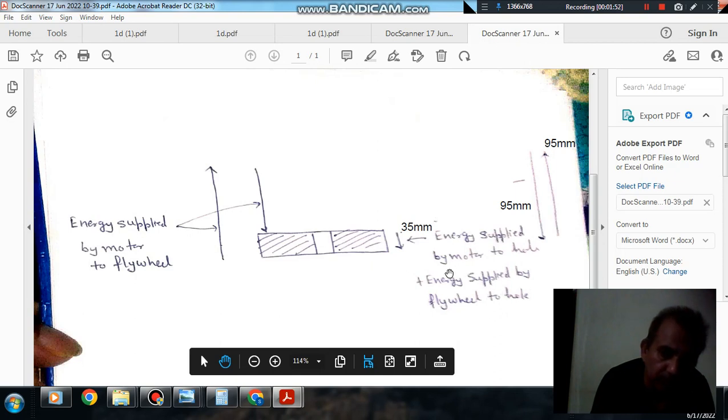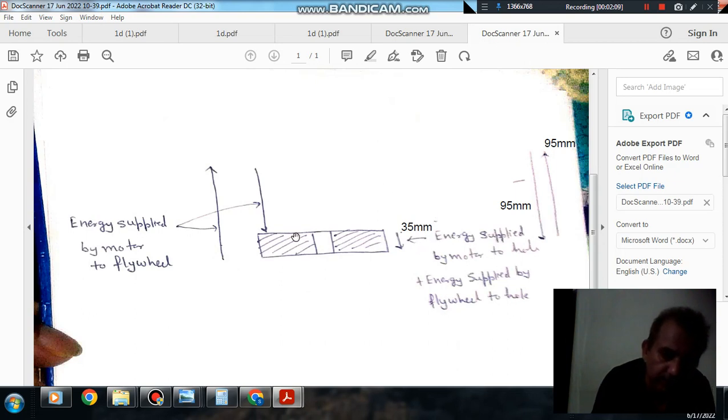Whatever energy the flywheel supplies during the hole making process is supplied by the motor, which supplies energy to the flywheel in the rest of the cycle. So the whole of the energy supplied to the hole is by the motor, either through the flywheel or directly.